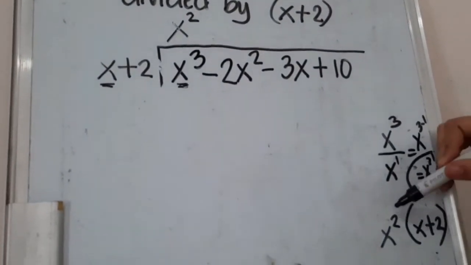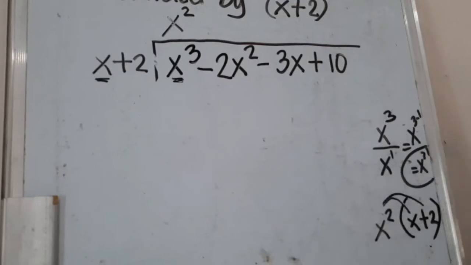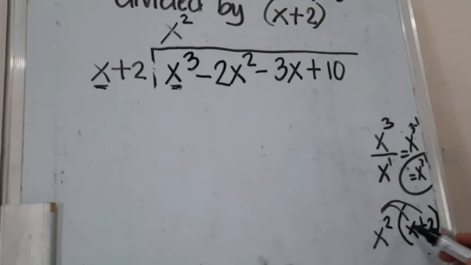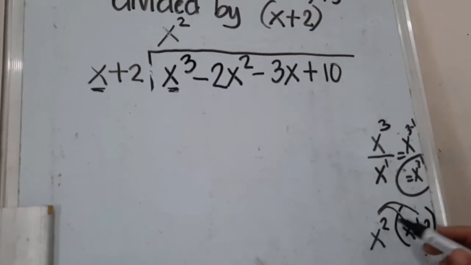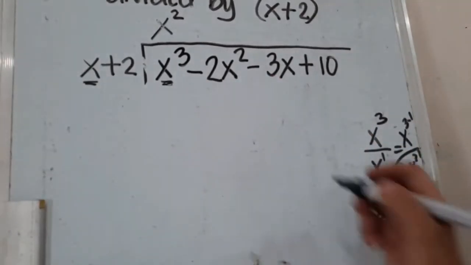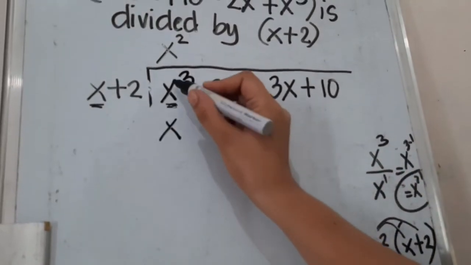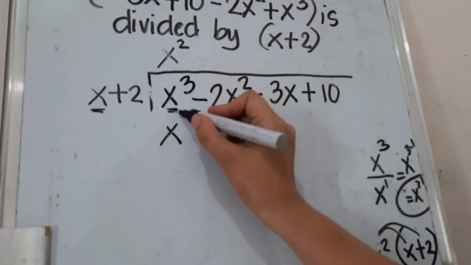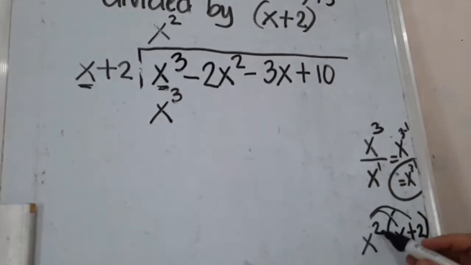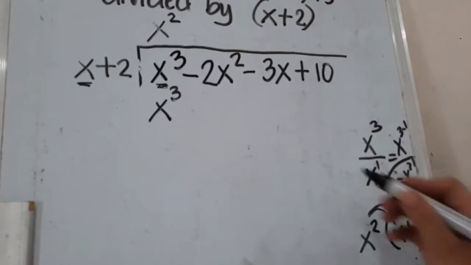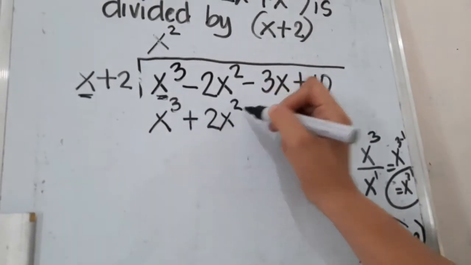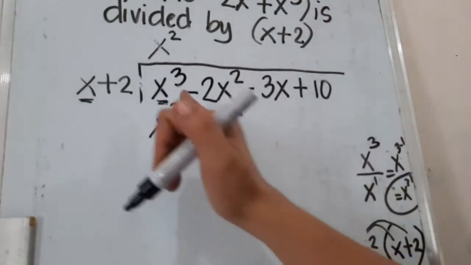Doing the distributive property, the monomial multiplied by our binomial, so x squared times x, and then x squared times 2. x squared times x will become x cubed, so we write our answer at the bottom part of x cubed. x squared times 2 will become 2x squared, so you write that at the bottom, plus 2x squared. Are you following? I hope so.